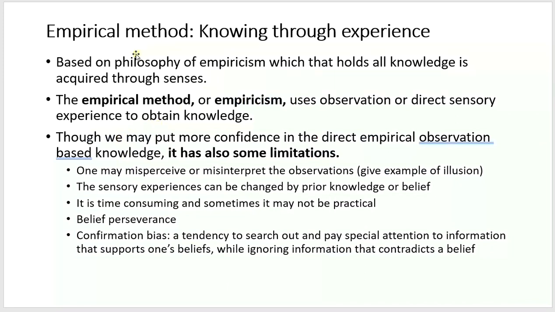So let us know something about the empirical method. When we say empirical method, it is knowing through our sense organs. This method is based on the philosophy of empiricism, which holds that all knowledge is acquired through senses. There are 5 senses, and using those 5 senses we acquire knowledge about our world.